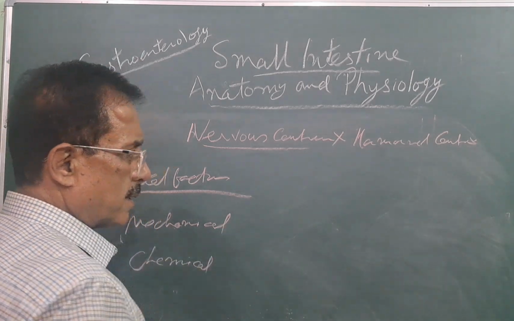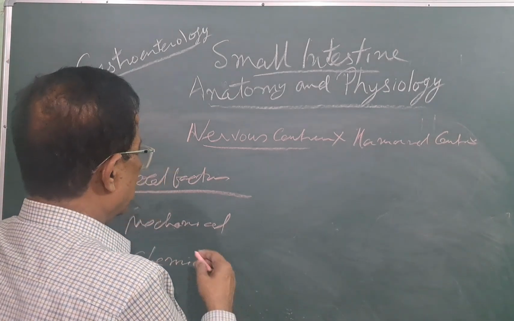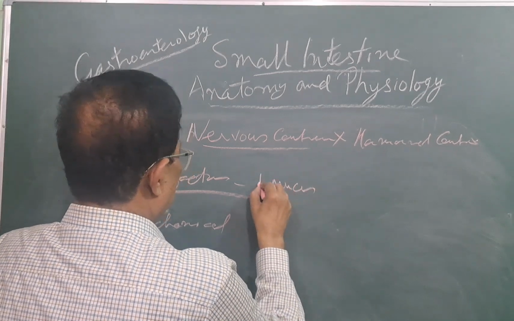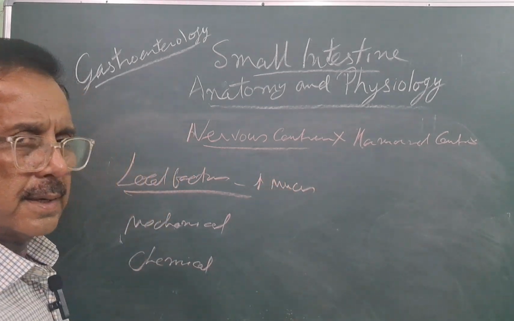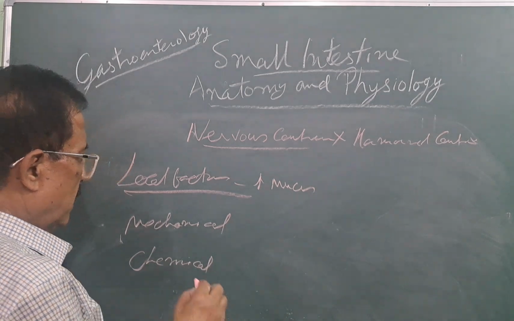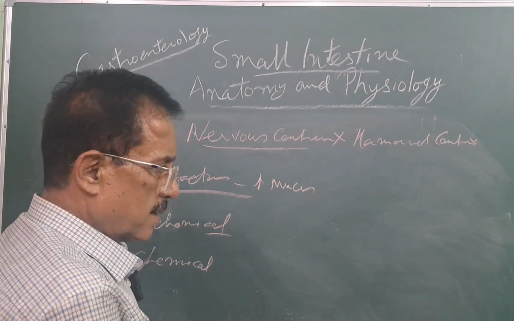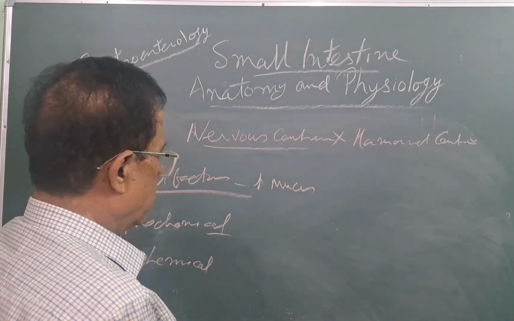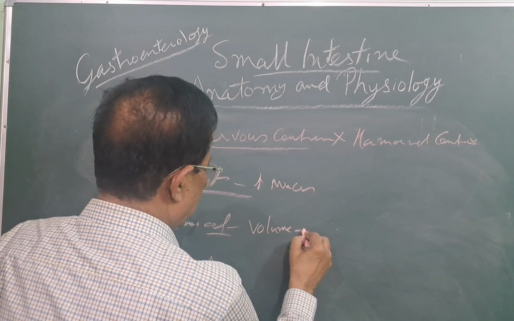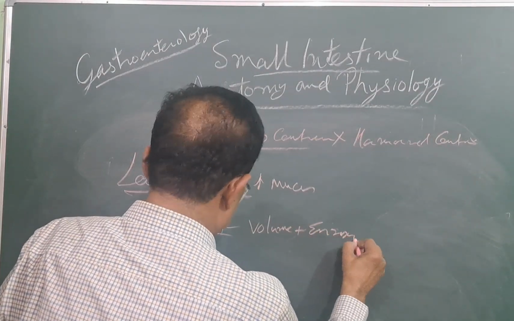A local irritant causes an increase in mucus secretion. Mechanical factor is distension of the small intestine, which increases the volume and enzyme secretion.